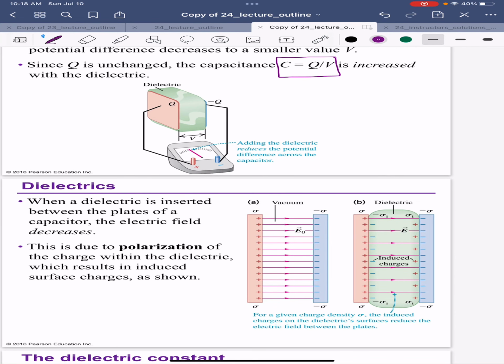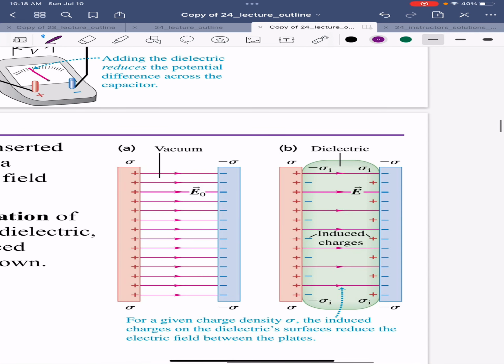Now, this is a comparison between two situations, where on the left I have only vacuum, on the right I have a dielectric. When a dielectric is inserted between the plates of a capacitor, we will find that the electric field will decrease, and this is due to the polarization of the dielectric, which induces an electric field.